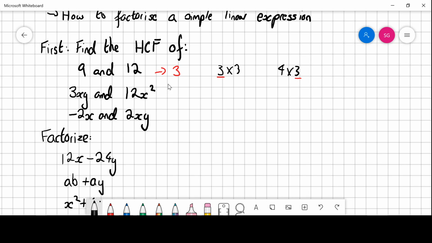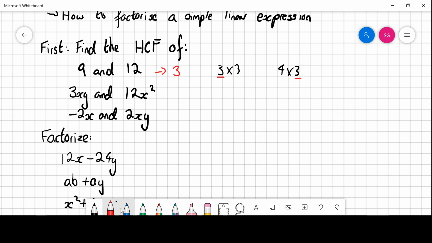Nothing huge and wild. Now, it gets more difficult when we start to look at it with algebra. Again, we can realize 3 is definitely the number part of this, so the highest common factor of 3 and 12.